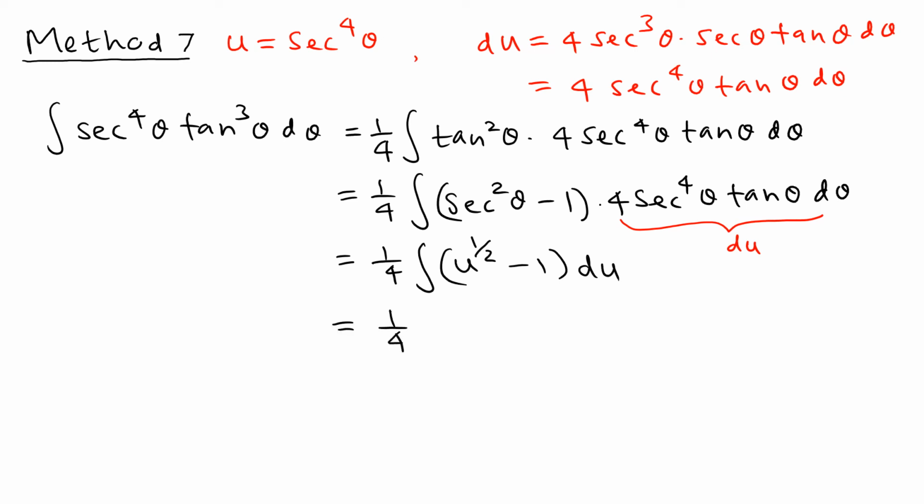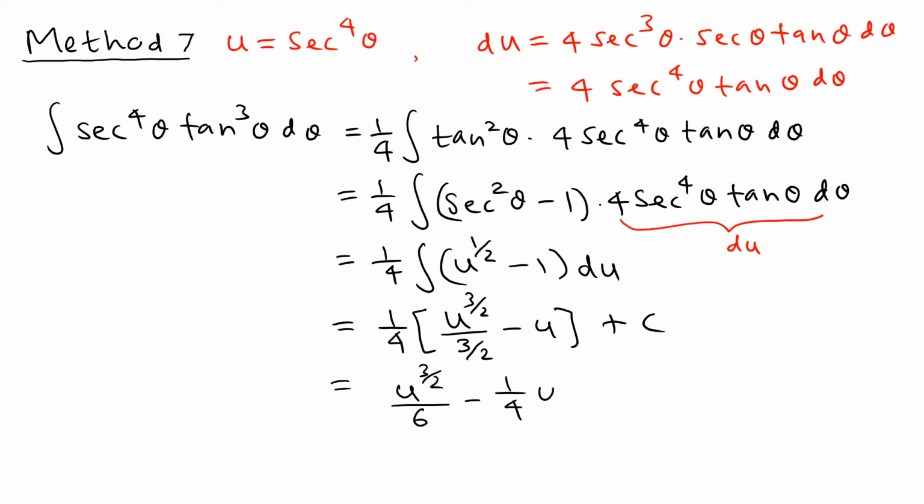So it is 1/4. If we integrate, we get u^(3/2) divided by 3/2 minus u, plus c. If you distribute, you get u^(3/2) over 6 minus 1/4 u plus c.